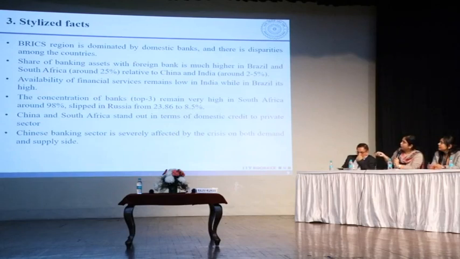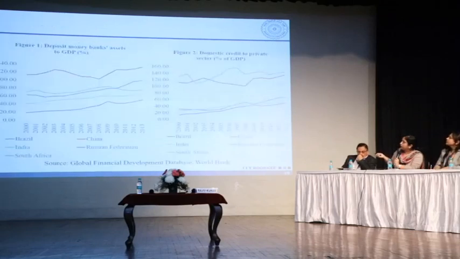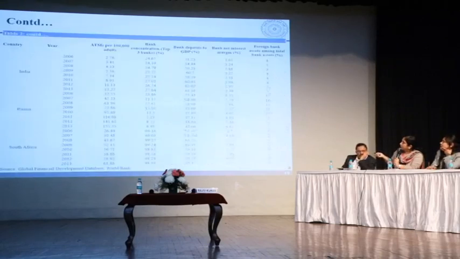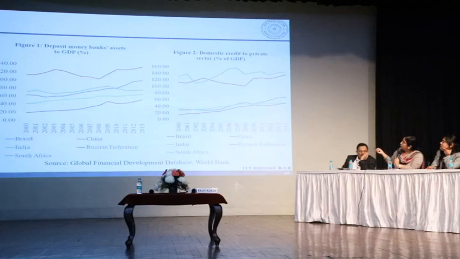The concentration with the top 3 banks is very high in South Africa, and very low in Russia. And if we see from the supply and demand side, China is on the top, with India here, and China as well as South Africa are leading the other countries.